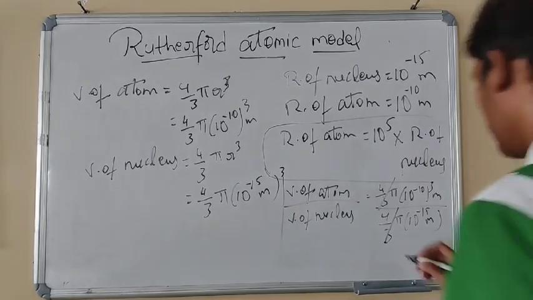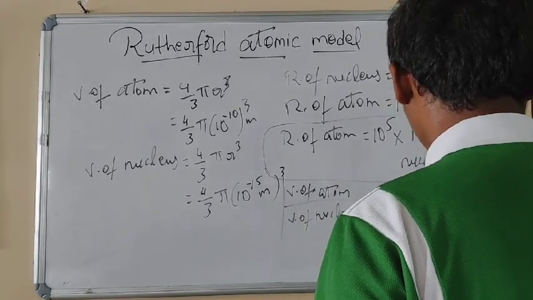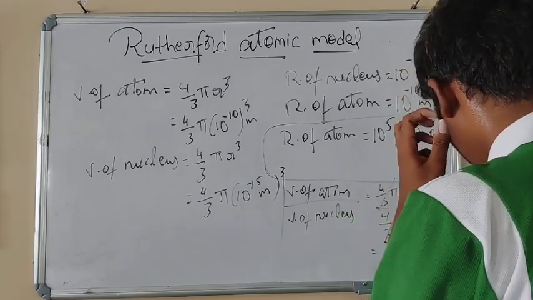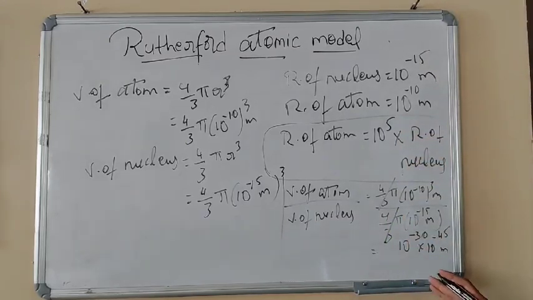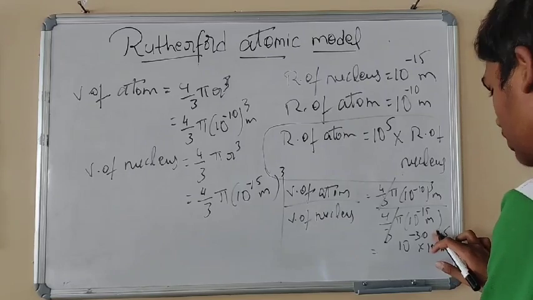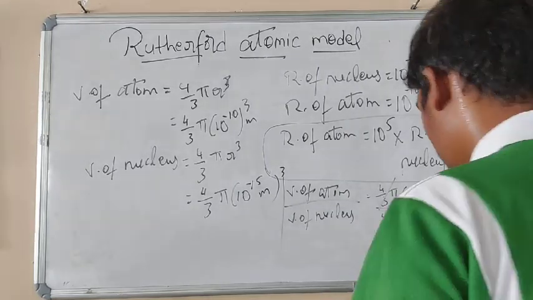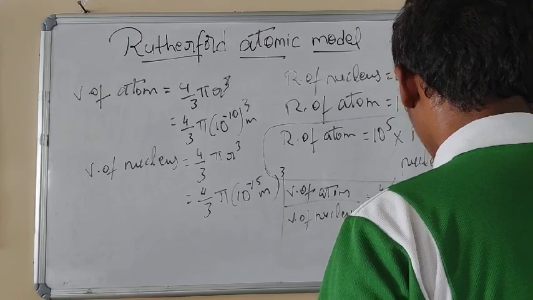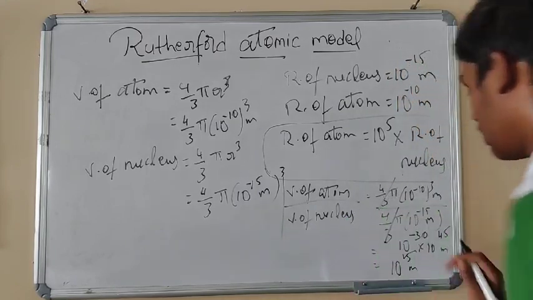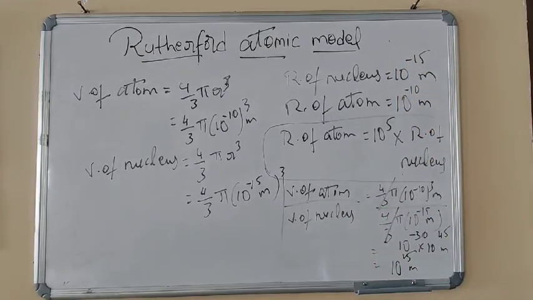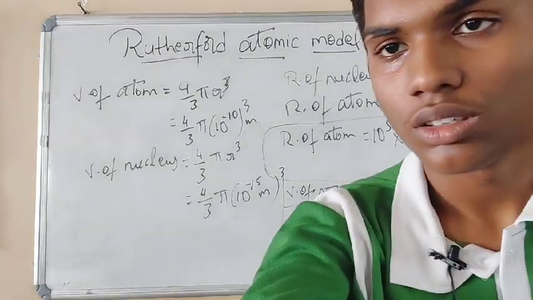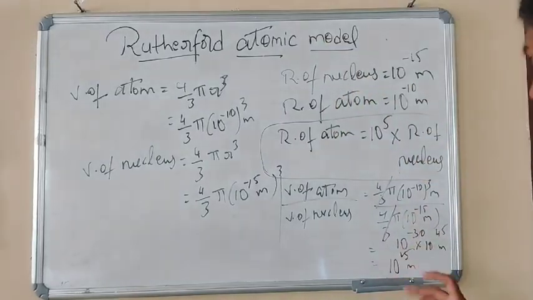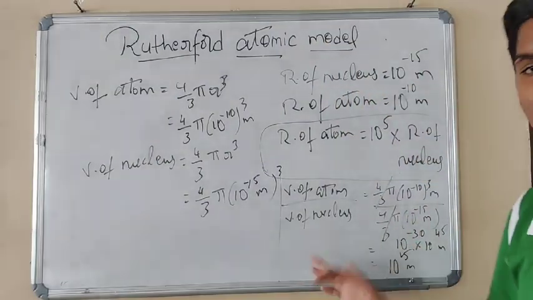Now 10 power minus 30, 10 power minus 45, so it becomes plus 45. The result is 10 power 15, which means the volume of atom is equal to 10 power 15 into the volume of nucleus.